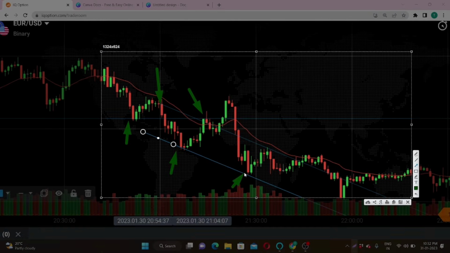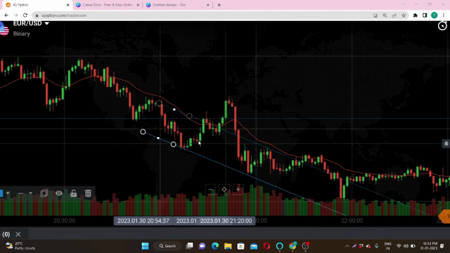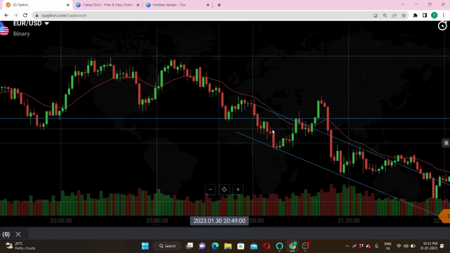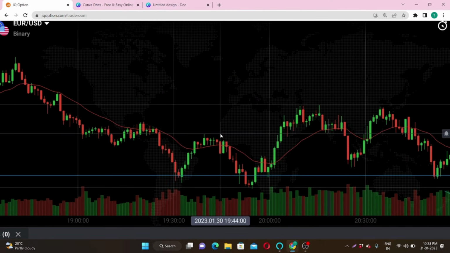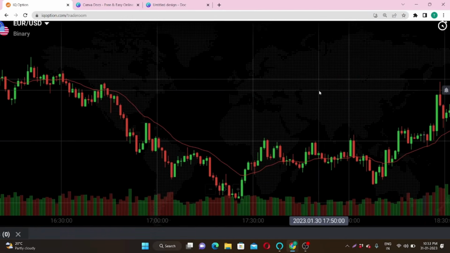I got confirmation. I know that whenever the candle touches this line, I go for a put option for 2 minutes. So this is a downtrend. You will go for a put option for 2 minutes when it touches. Got it? So these are a few examples. Even after a break, it will respect these kinds of keys, you can use them. Okay, I will show you one more example over here.